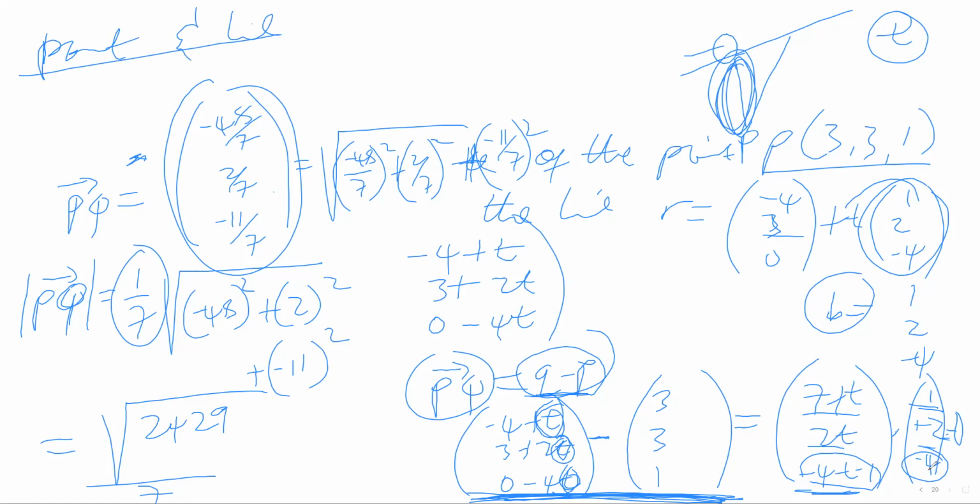So you need first of all to be able to find the coordinates of the foot of the perpendicular from the point to the line. Then after you do that, you can now go and find the distance.